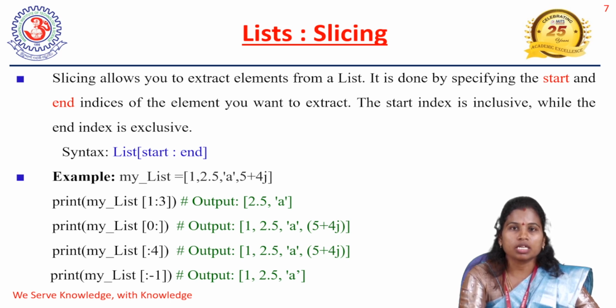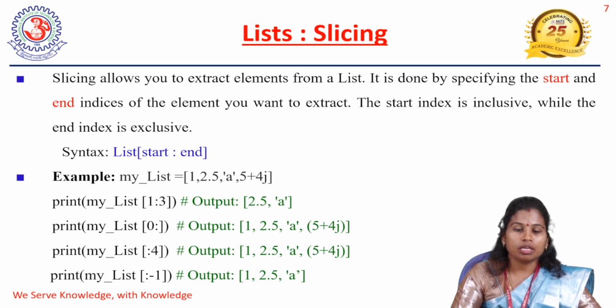Here 1 is the start value and 3 is the end value, but the end value will be excluded. So first we apply the positions to my list elements. Here 1 is at position 0, 2.5 at position 1, a is at position 2, and 5+4j at position 3.